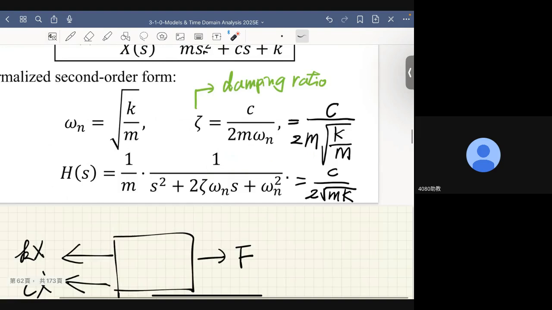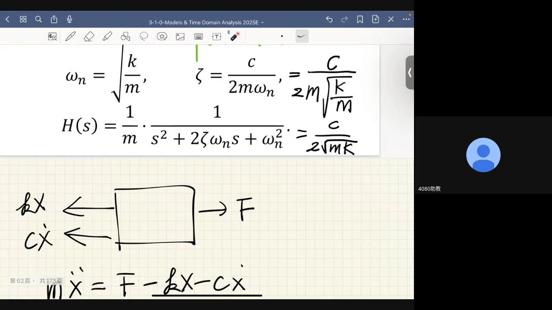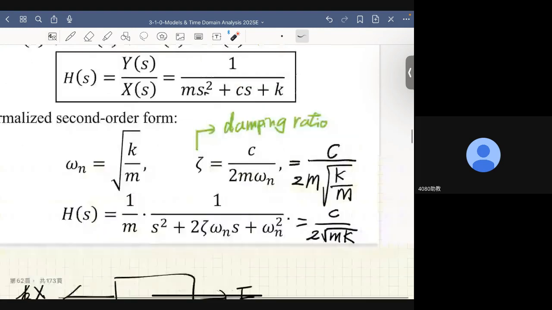Okay, so this is the reason why we have the square root of m and k in the denominator of the definition of damping ratio, all right? Because large m means large inertial force, large k means large spring force.